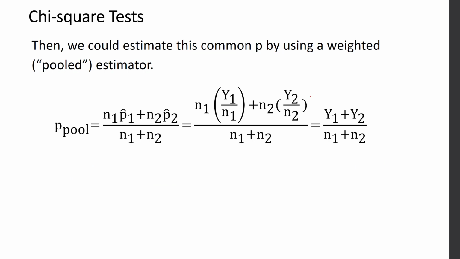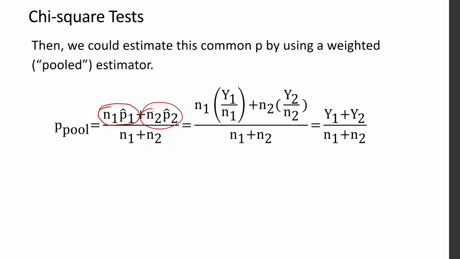And we could estimate this common P by using a weighted, or sometimes called a pooled estimator. So we would take the sample size for group 1 times the P hat for that group, the proportion of saying yes, and the sample size for group 2 times the P hat 2, and then add those up and divide by the total sample size, N1 plus N2.